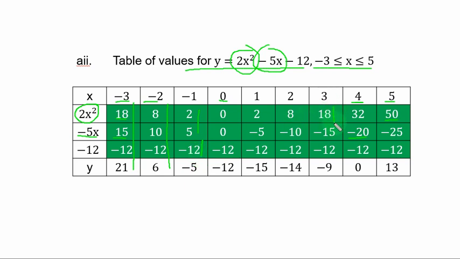So 18 minus 15 minus 12, you have minus 9. 50 minus 25 minus 12, you have 13. So this is a complete table of values. We move to part B, where you are asked to plot the graph.